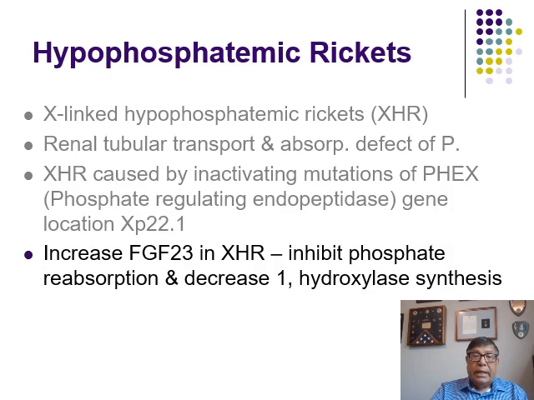So this is X-linked. As a result of this, there is an increase in fibroblast growth factor 23, and it inhibits the reabsorption of phosphate and decreases 1-alpha hydroxylase synthesis.